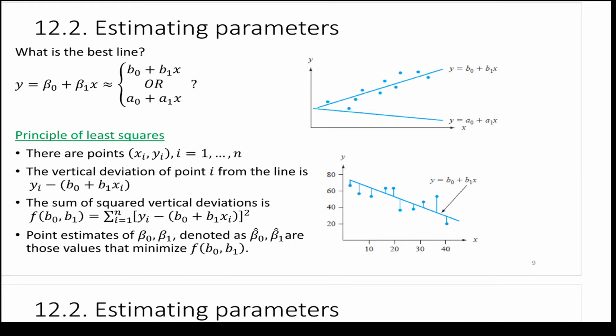So we want to estimate the parameters beta 0 and beta 1. So that's what we're estimating. We're estimating those parameters for our line. We're estimating the slope and the intercept. So beta 1 is the slope, and beta 0 is the intercept.